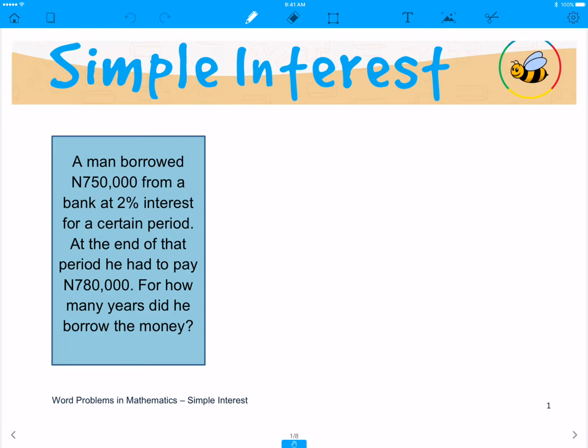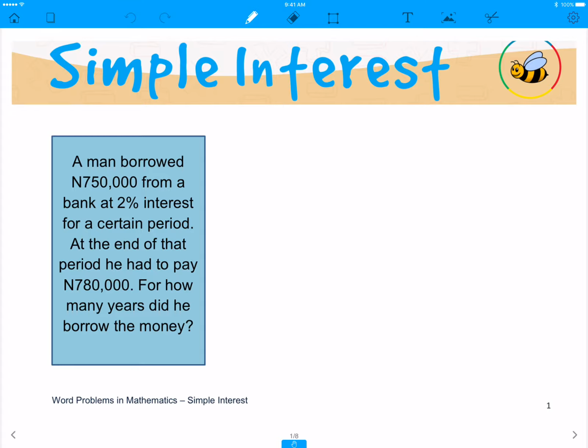The question challenges us to calculate the number of years that amount of money earned a particular amount of interest. We are told what the principal sum is. We are also told the final amount paid as well as the rate of interest.